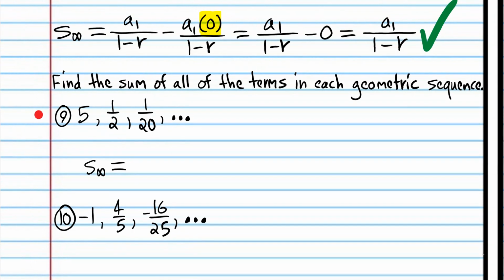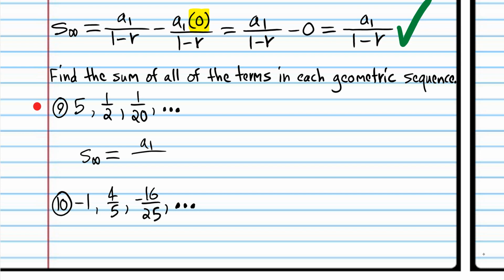Now, technically, we need to confirm that the common ratio is a fraction between -1 and 1 before we do this. So the first term times the common ratio has to be equal to 1/2. And again, we know these are geometric sequences. They tell us that. So if you solve, r is equal to 1/10. So this is definitely between -1 and 1, so we know our formula is going to work.